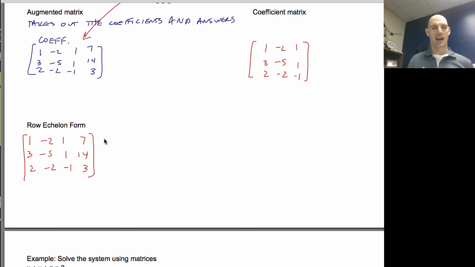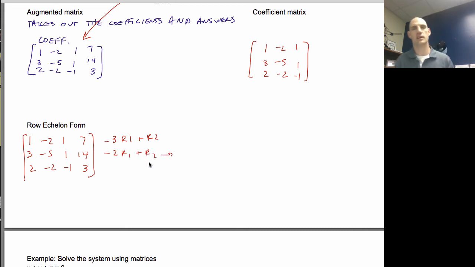You see that? And so I'm going to do -3 times row 1 and add it to row 2. And what do I get? Well, with this, I can do more than one at once. So I'm also going to do -2 row 1 and add it to row 3. See how I can start to combine these things instead of having a step and a step and a step.